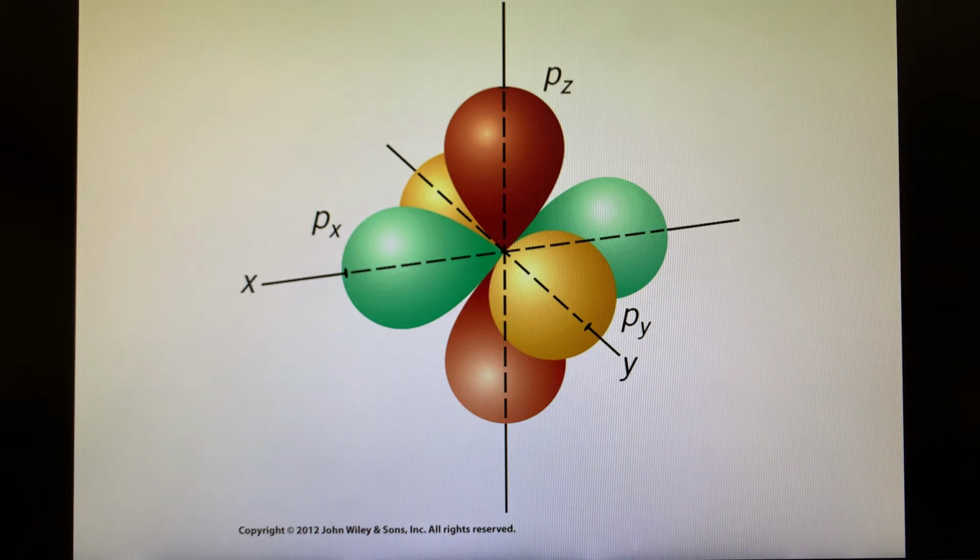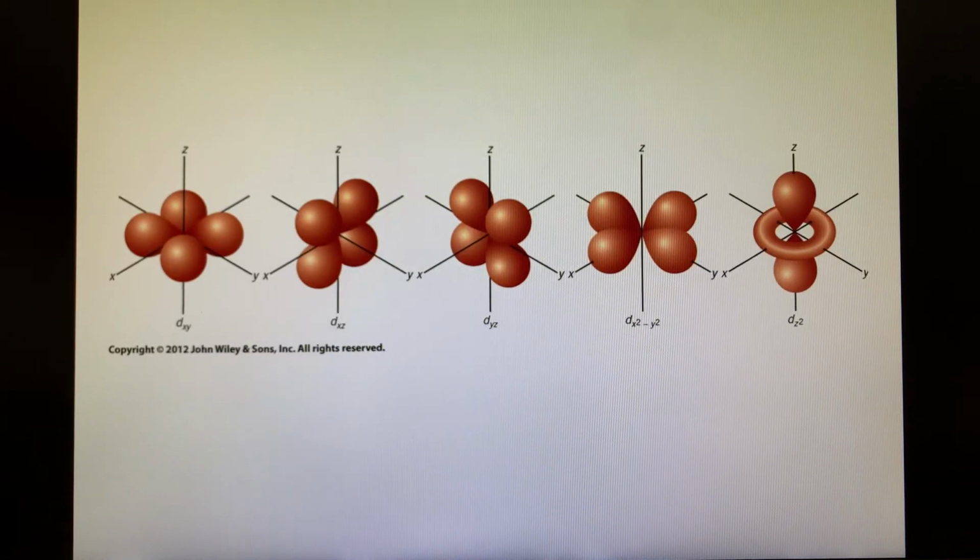So they're all perpendicular to each other. Now, why are we worried about this? Because we use these shapes to predict how electrons can interact with other atoms, i.e. chemical reactions.